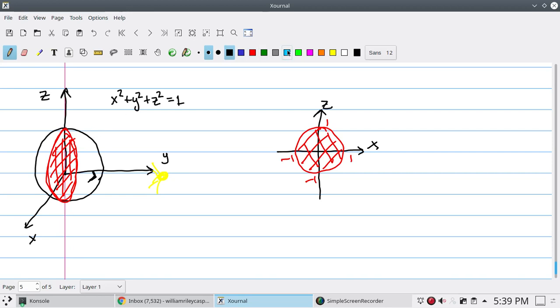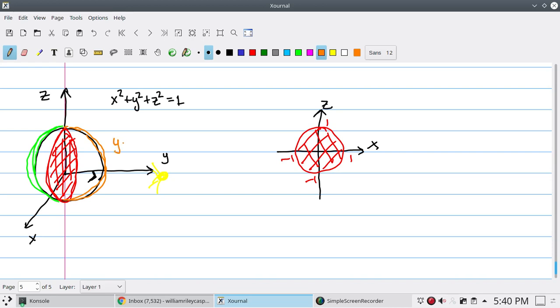In this case, my upper surface is this right hemisphere, and this over here is my lower surface. I want to write down equations for both of these. My right hemisphere is given by solving x squared plus y squared plus z squared equals 1 for y.